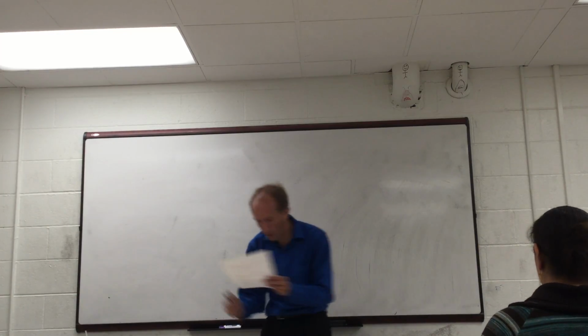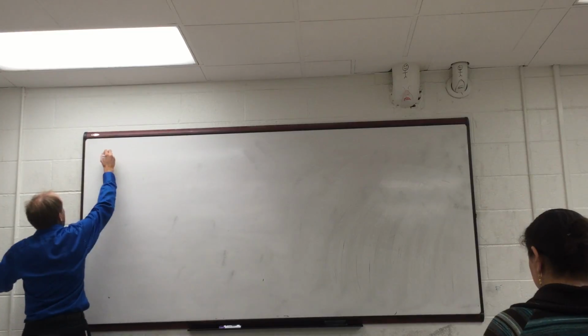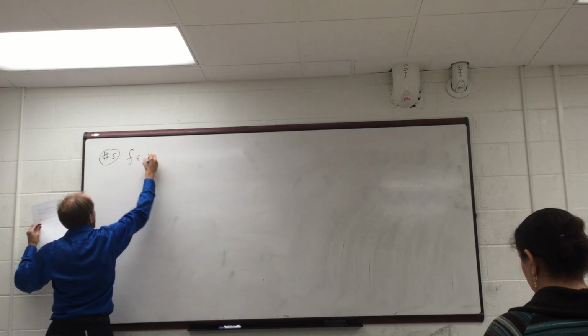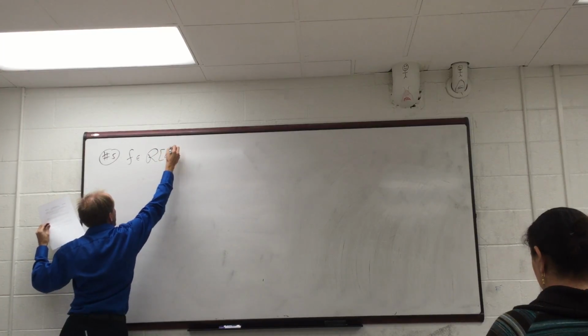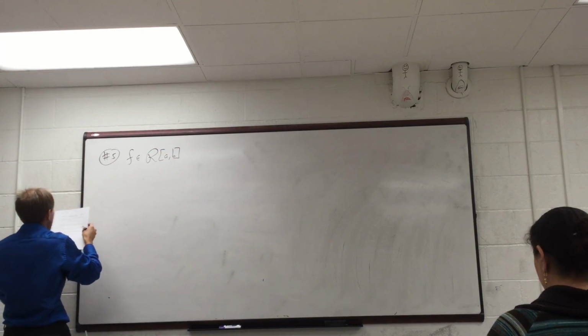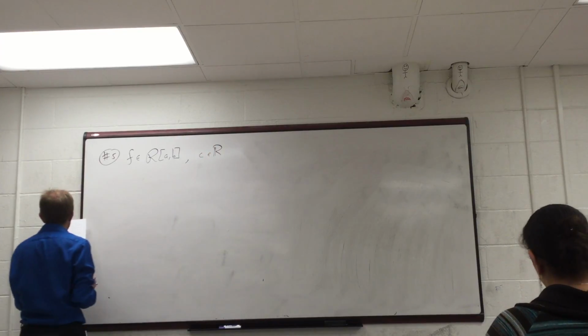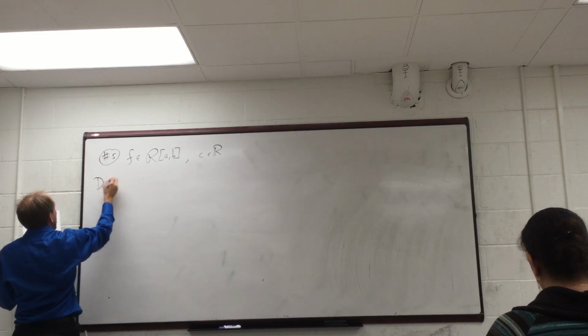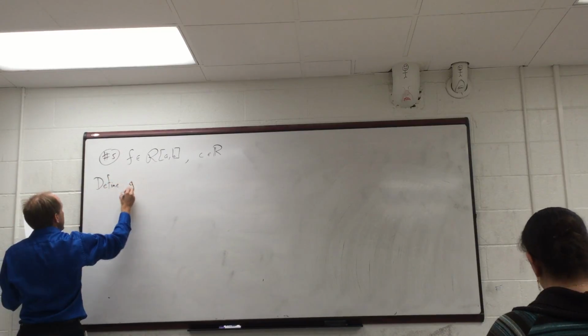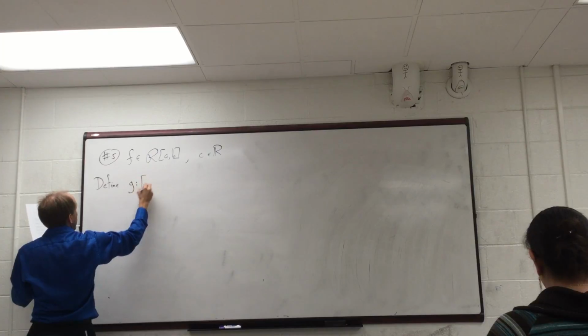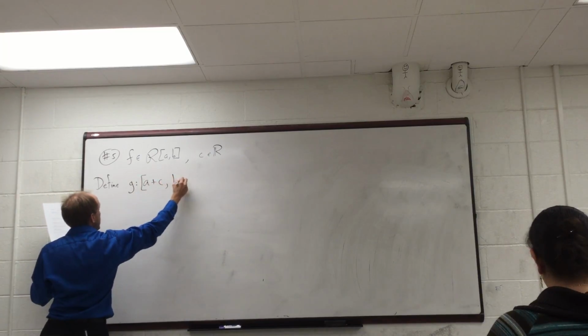Okay, this is a nice little problem. So our number 5. Suppose that f is Riemann integrable on the closed interval [a, b], and c is some real number, and then we're going to define a new function g, and g is actually going from the interval [a + c, b + c].